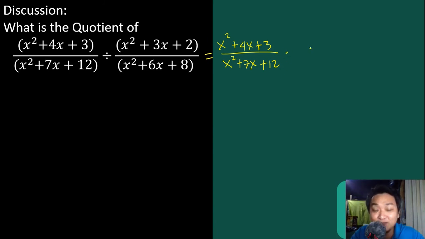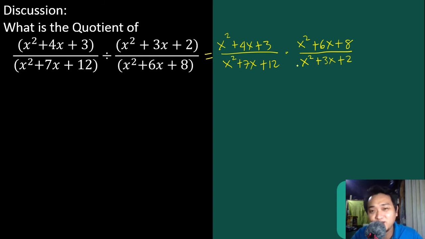Times, kukunin natin yung kabaliktaran ng divisor. So that would be x squared plus 6x plus 8. Napunta siya sa taas. Over x squared plus 3x plus 2.